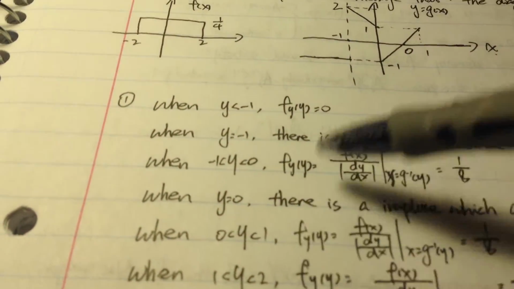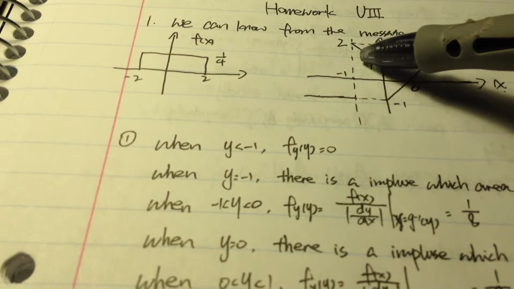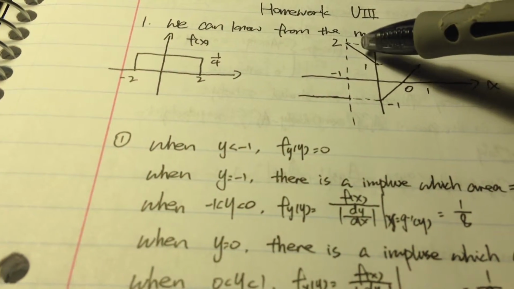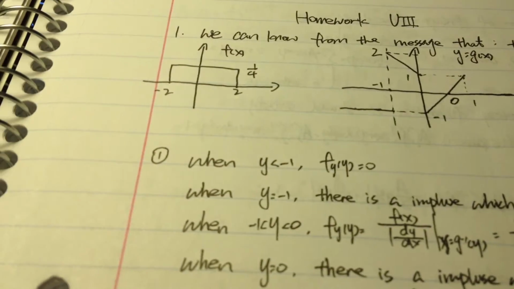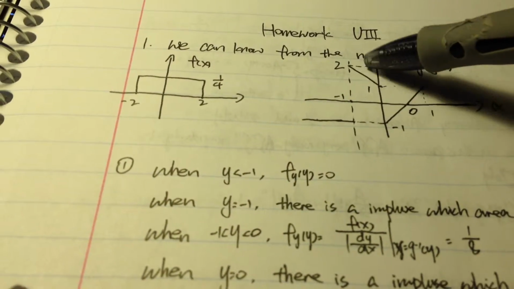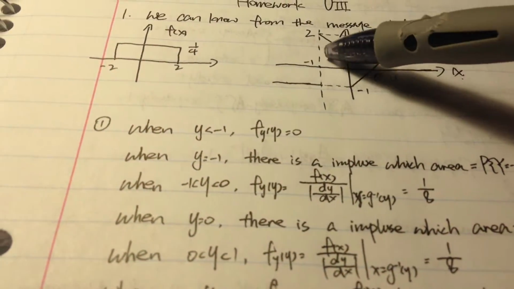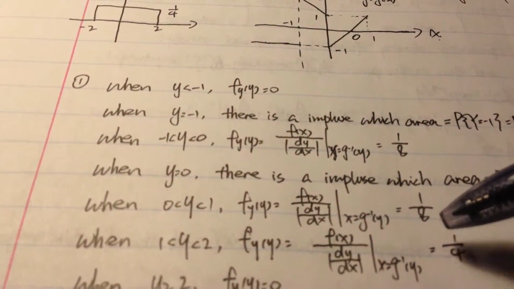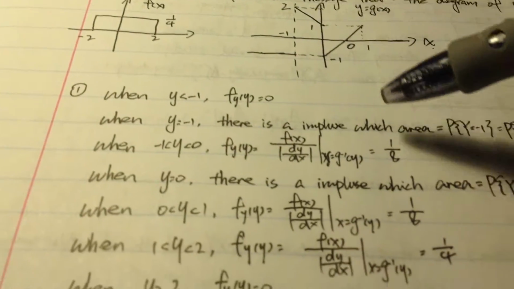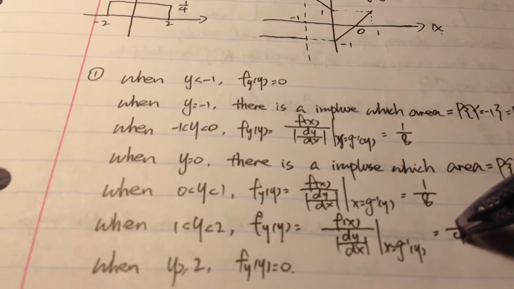When y is greater than 1 and less than 2, there's also a continuous function, so we also use the formula to work out this part, and we can get that the density function of y equals 1 over 4.